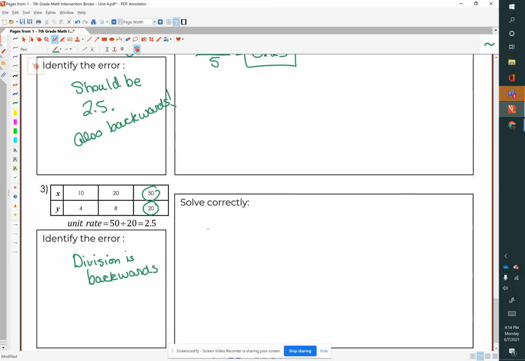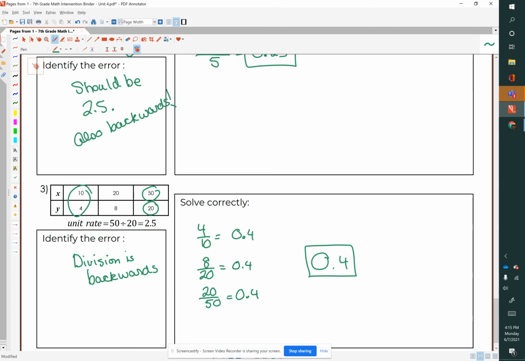So let's do this correctly. We're going to have 4 divided by 10, which will equal 0.4. Now, it's going to work with any set of numbers. If I did 8 divided by 20, I will also get 0.4, or 20 divided by 50, which will also equal 0.4. So either way, our answer is 0.4.